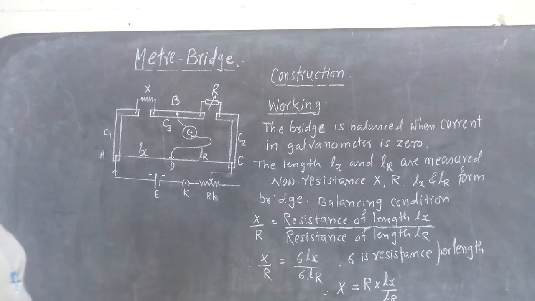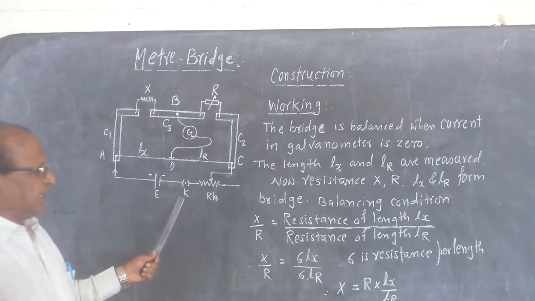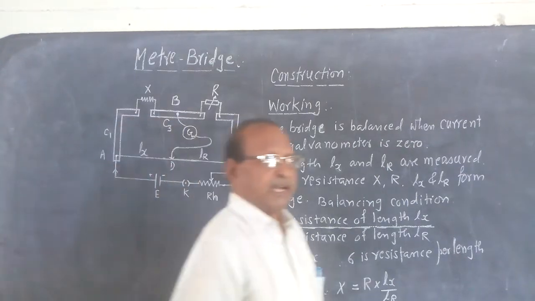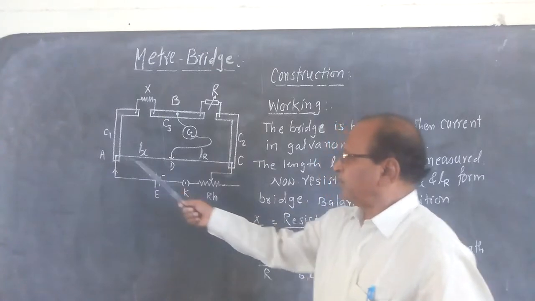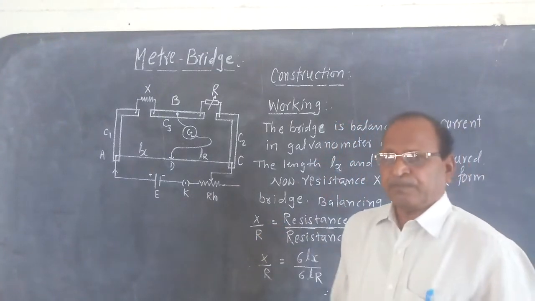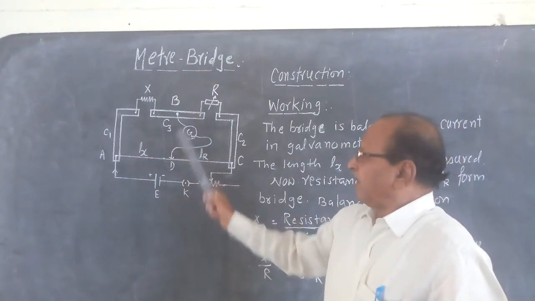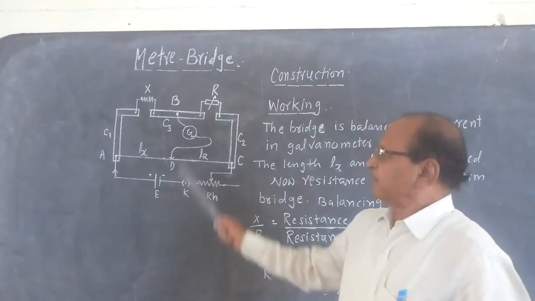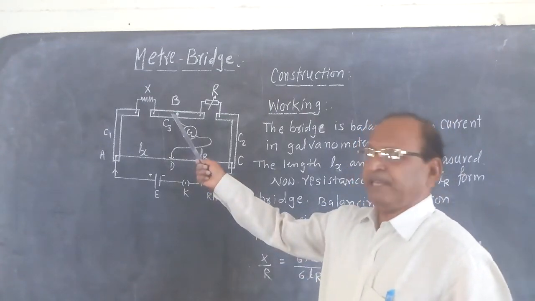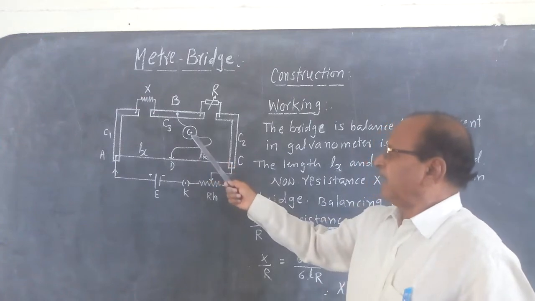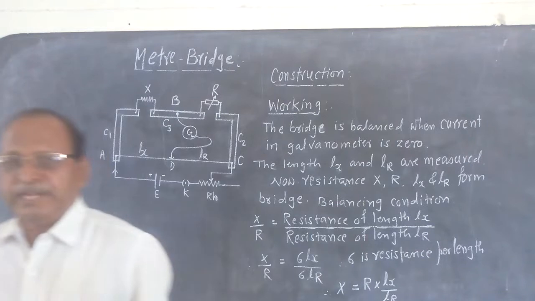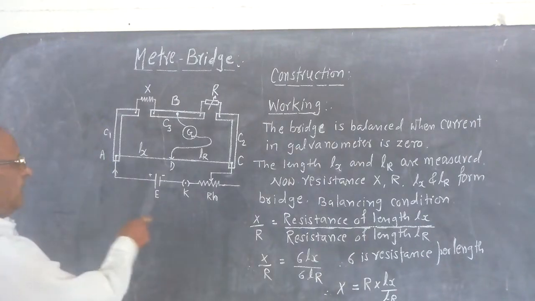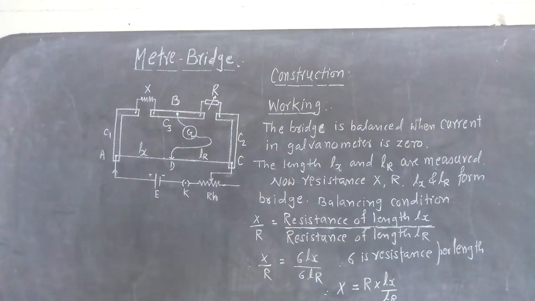A cell of EMF E, plug key and rheostat are connected in series with wire AC. The galvanometer is connected to the point B and the other terminal is connected to the jockey, which can slide on wire AC.